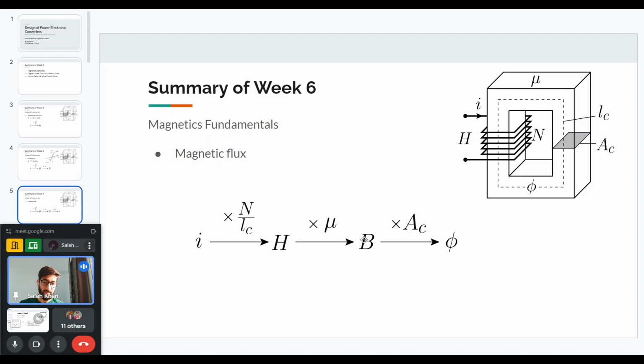Flux is basically Tesla times meter square, which is Weber. So it is called Weber. WB is the short form.